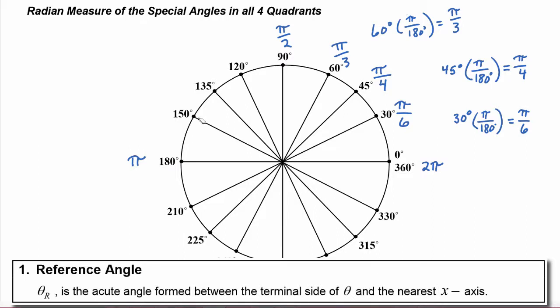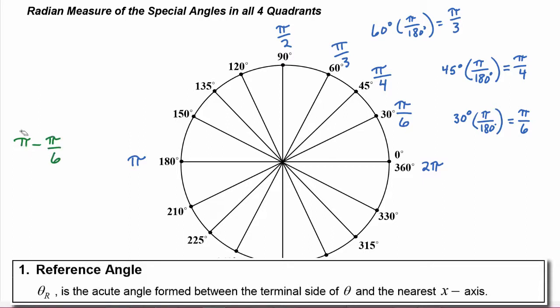We know that 150 has a reference angle of 30 degrees. Well, that's going to be the same now as having a reference angle of pi over 6. So in your head, it's probably pretty easy to do pi minus pi over 6.